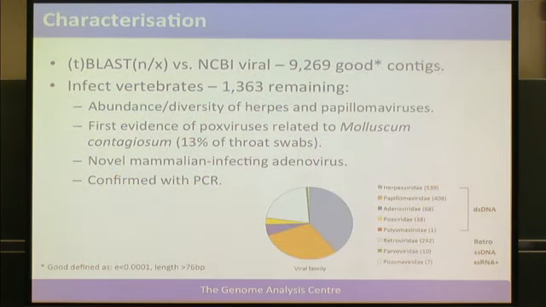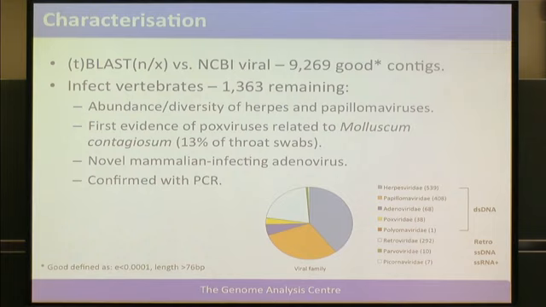And then these sequences were blasted, initially BLASTN, but then eventually TBLASTX against the NCBI NT database, a viral subset of the NT database, basically. And there are a number of interesting findings.